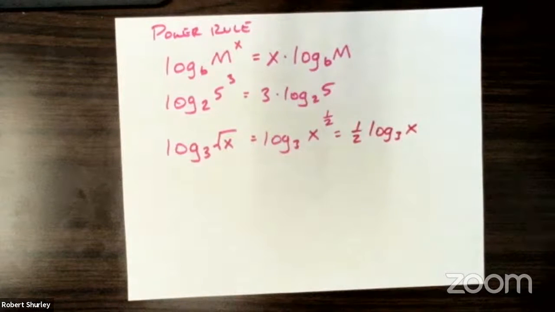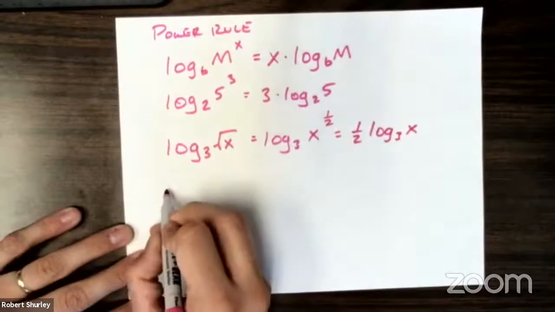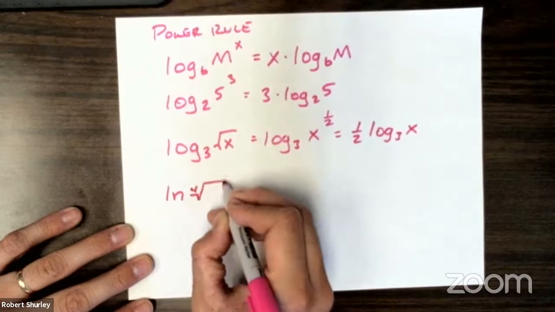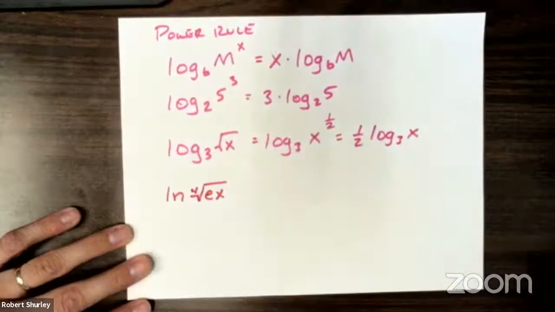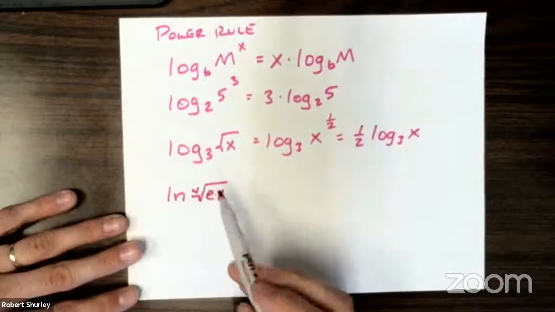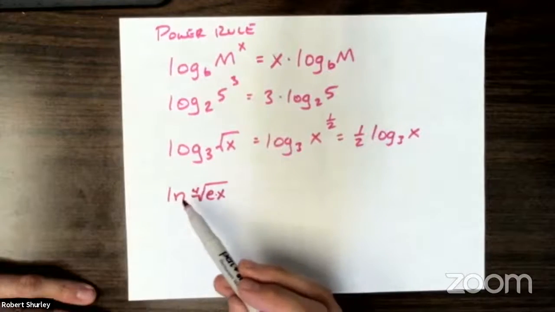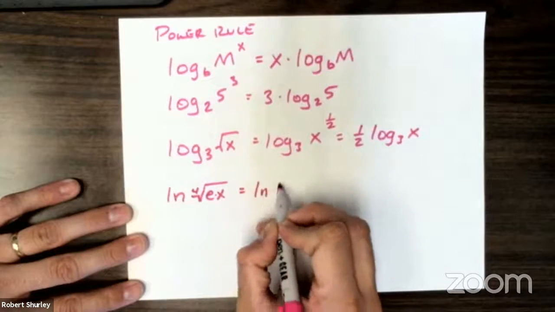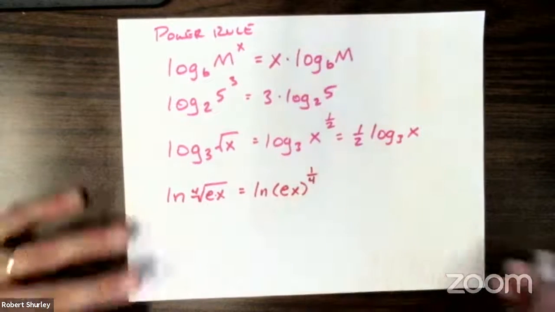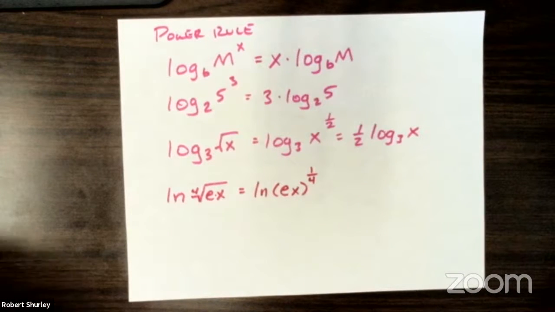Let's see if I've got another one in here. Oh, we can do one that combines both of these. Let's say we had ln of the fourth root of e x. So we have two things on the inside that are being multiplied, but the whole thing inside this ln is being raised to the 1/4 power. So the very first thing I'm going to do is think of this as ln of e x raised to the 1/4.